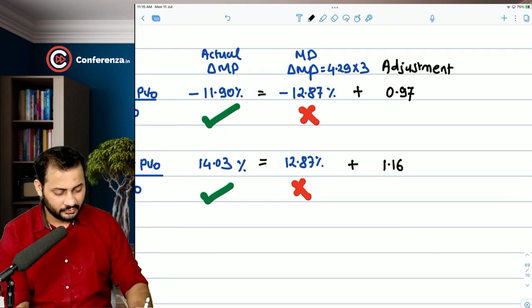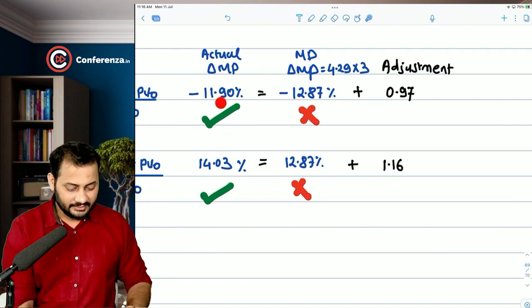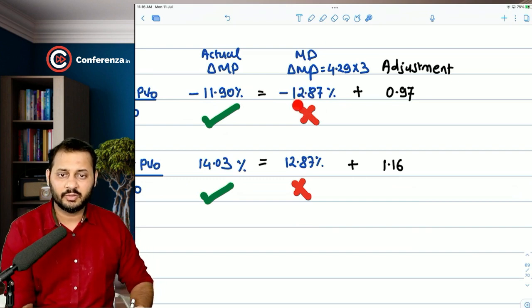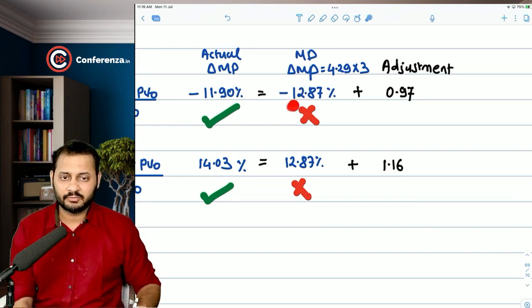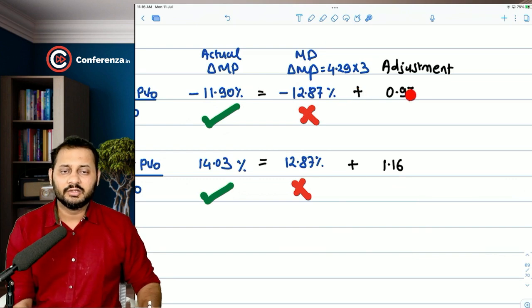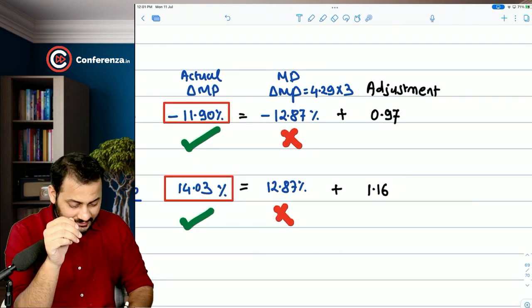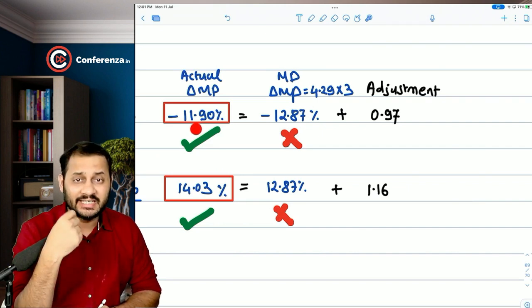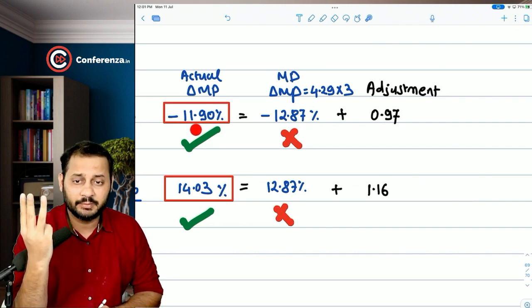Equals to. See, what is the formula? This is the actual change 11.90, which is equal to the modified duration 12.87% minus 12.87% plus the adjustment 0.97. This is the actual change in the market price of the bond when you increased the YTM by 3%.